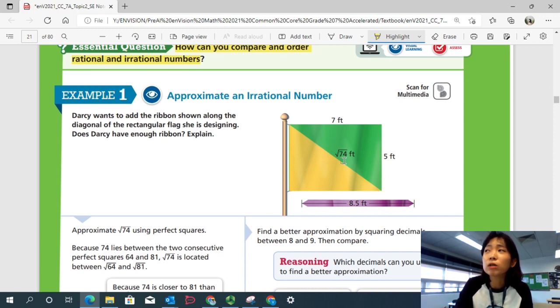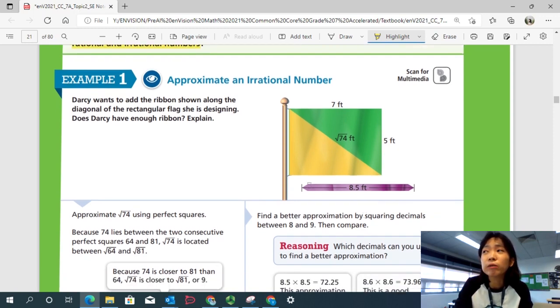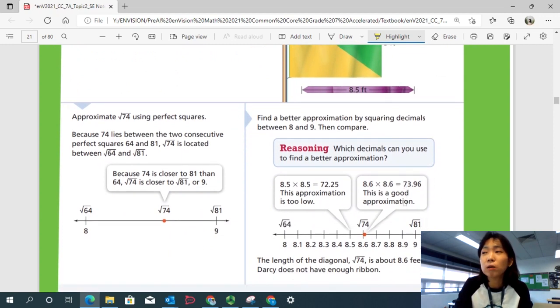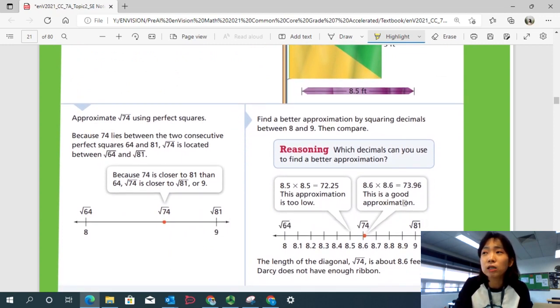We just need to know if square root of 74 is smaller than or the same as 8.5, right? Because we know that the ribbon is going to be 8.5 feet, which means we're going to approximate square root of 74 using perfect squares. So we're going to approximate where they are on the number line using the perfect squares.